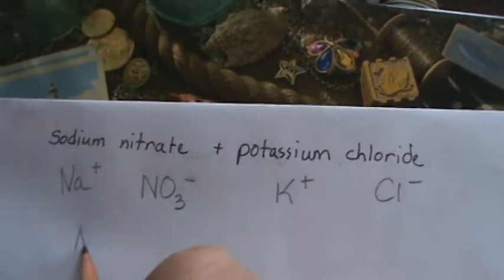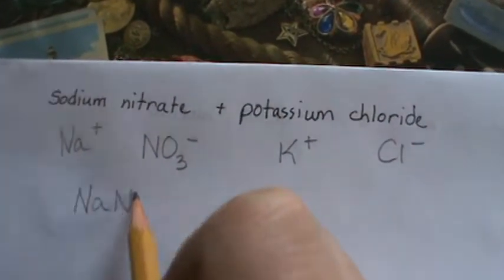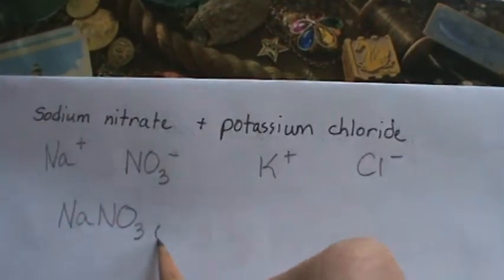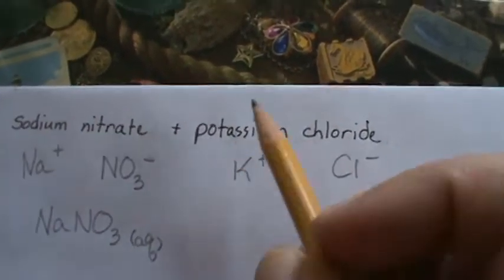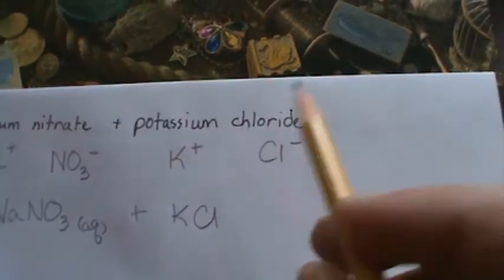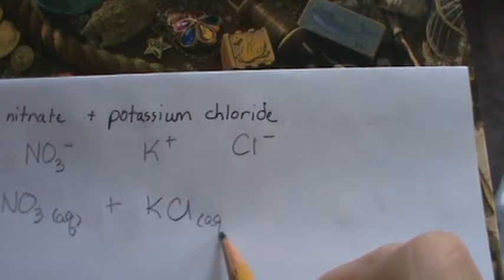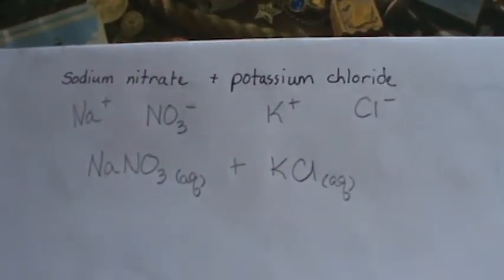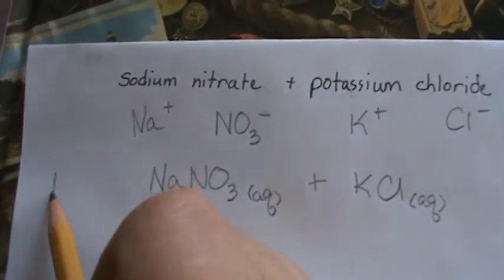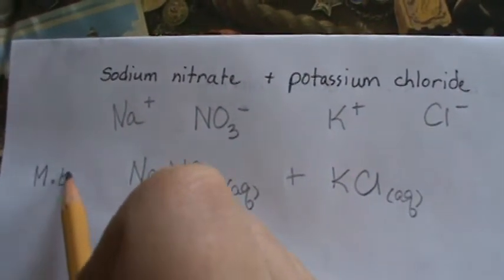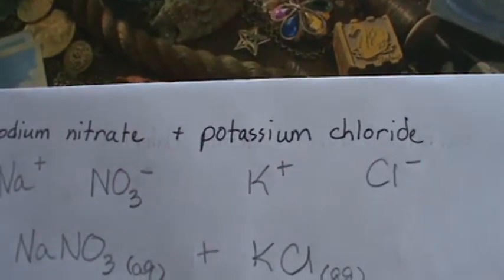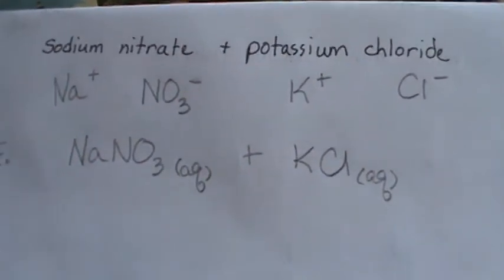So now we have NaNO3, and we're assuming them to be aqueous because that's what they're asking about, our precipitation reactions. Now if this were our molecular equation, this would sort of be the beginning of our complete ionic equation.